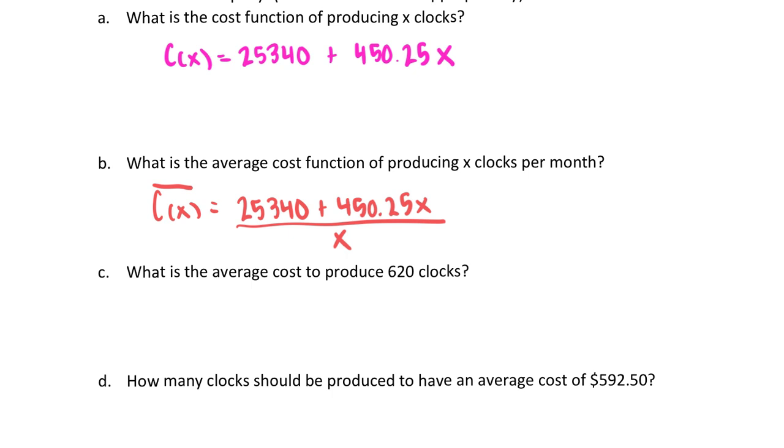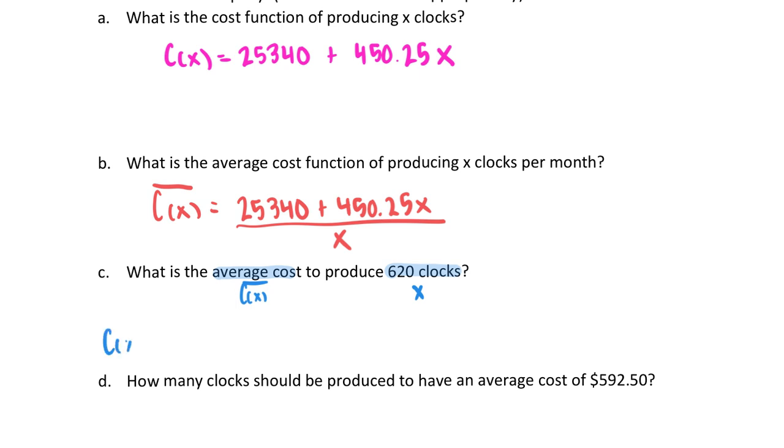Okay, the next question is asking us to find what is the average cost when we have 620 clocks. So my average cost is my C of x bar, and 620 would be my x. So we'll plug those things in.